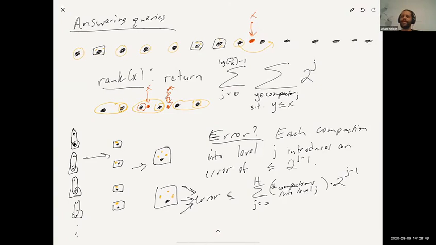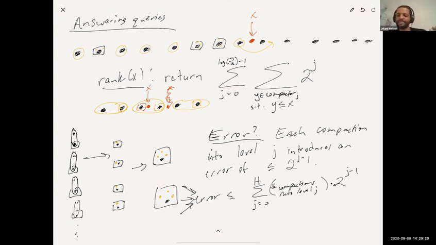Actually, let me state this: how many compactions could there ever be from level 0 into level 1? Every time you compact, you throw out K items. Half of them get promoted to the next level, but you flush out all K items. How many items are in the stream? N. So there are N items, you're flushing out K at a time. How many compactions are there out of level 0 into level 1? At most N over K.